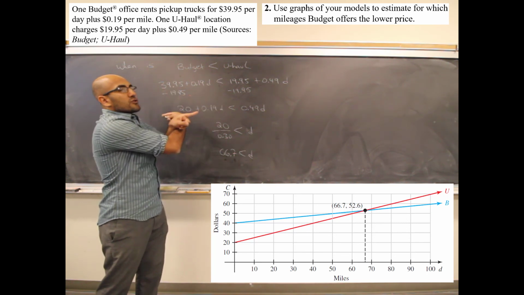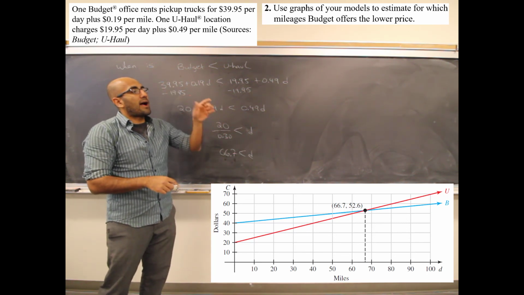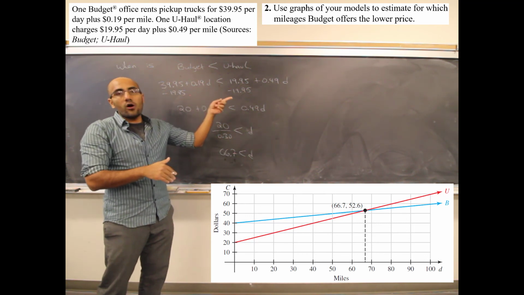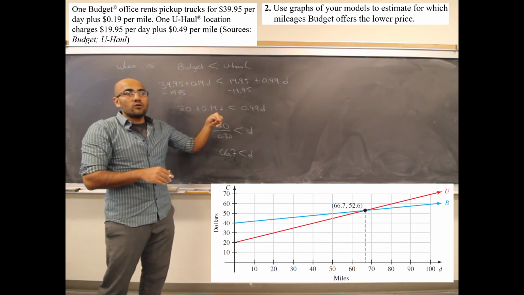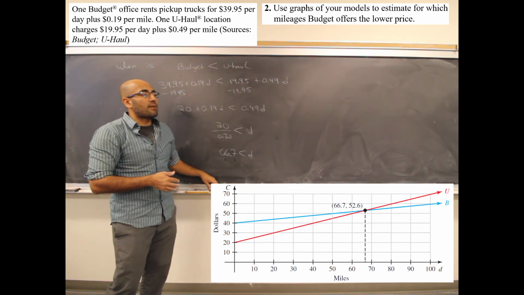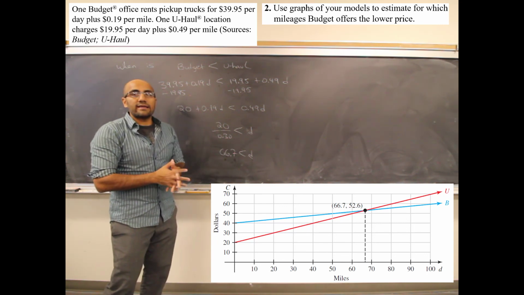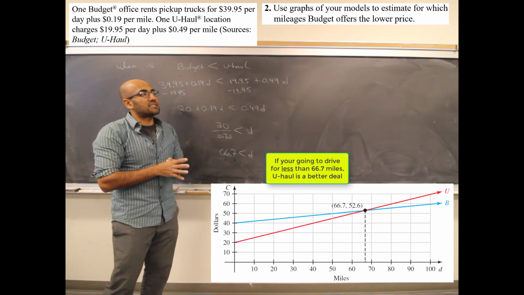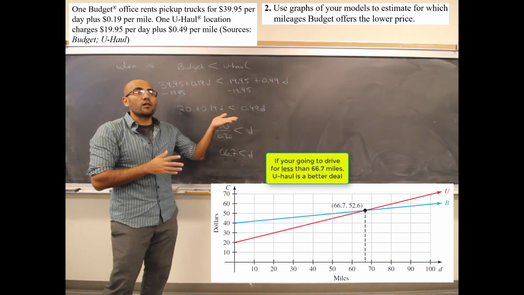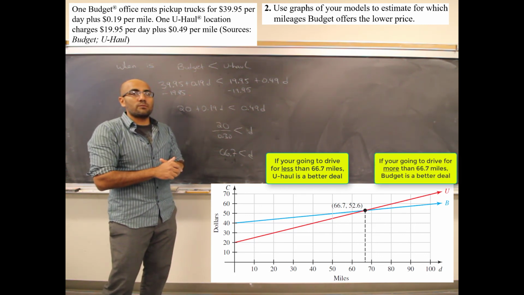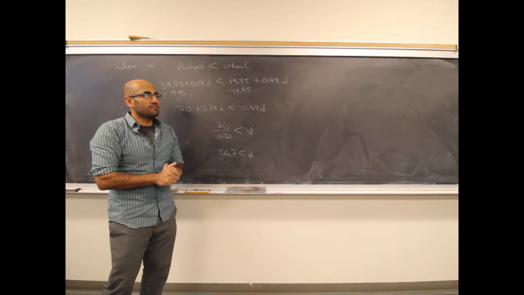And likewise, in the other direction, for miles between 0 and 66.7, the U-Haul one is cheaper. So which one is the better deal entirely depends on how many miles you're going to be driving. Just got to take that into consideration. If they're going to be driving a total of less than 66.7 miles, the U-Haul is a better deal. If they're going to be driving more than 66.7 miles, the budget is a better deal. Good?